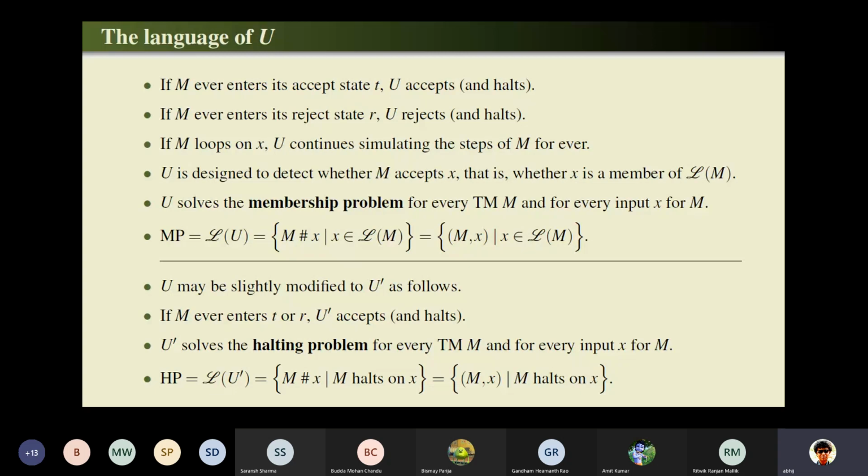The immediate question that now comes is, are these languages recursive?